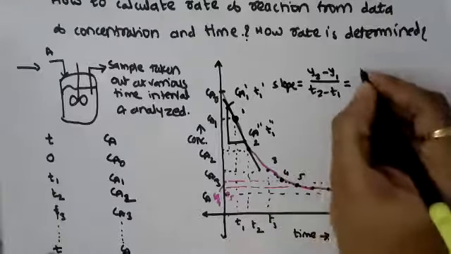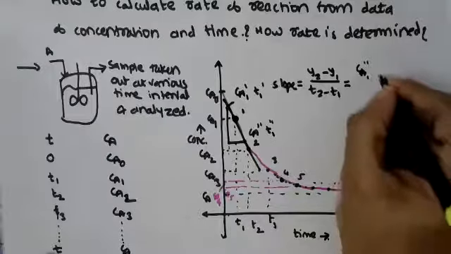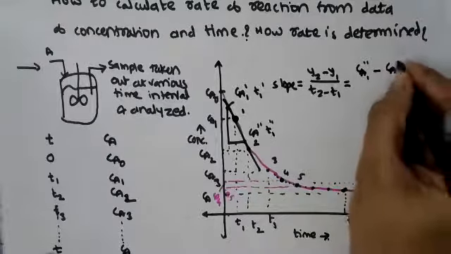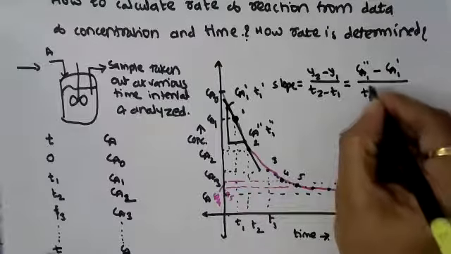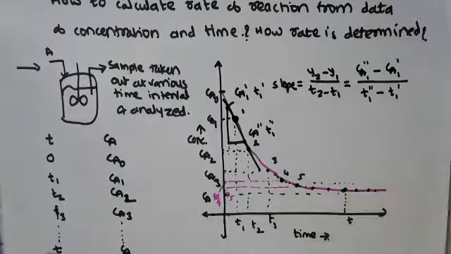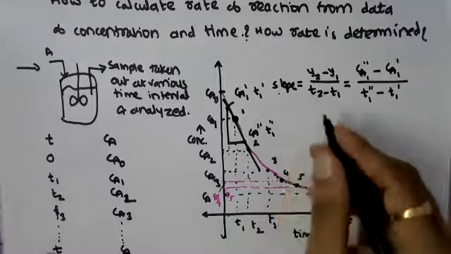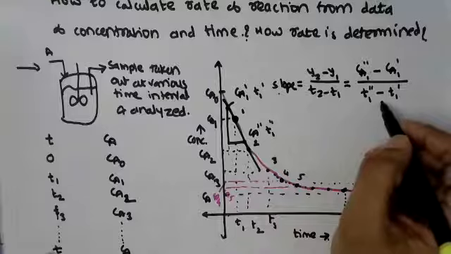So y2 is say Ca1 double dash, y1 is say Ca1 single dash, divided by t1 double dash minus t1 single dash. Now this slope is known as change in concentration per unit change in time.